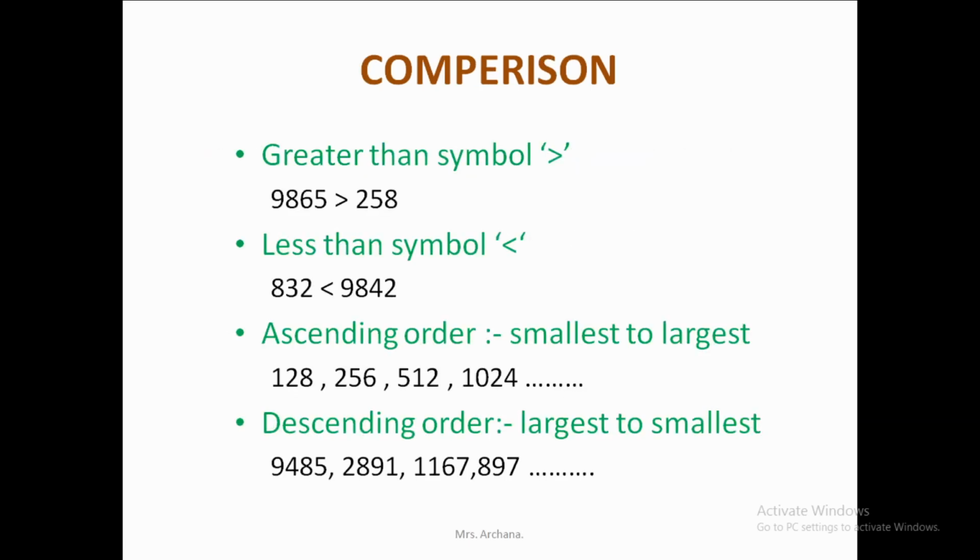Now in this slide we will study comparison of two numbers. Suppose two numbers are given, how will you compare and how will you show with the symbol which one is the greatest and which one is the smallest? See, this symbol we call the greater than symbol and this is the less than symbol.